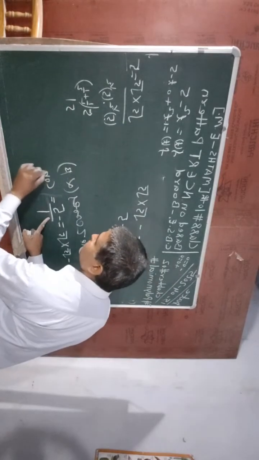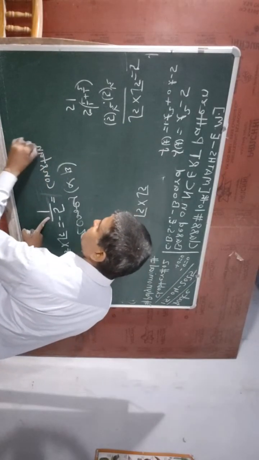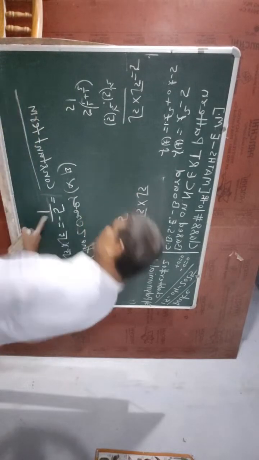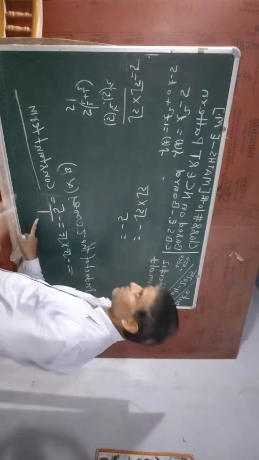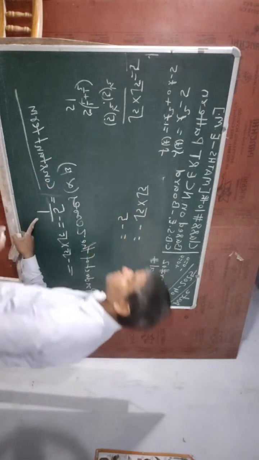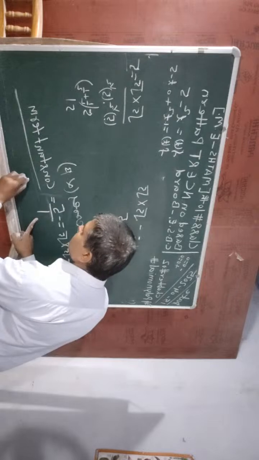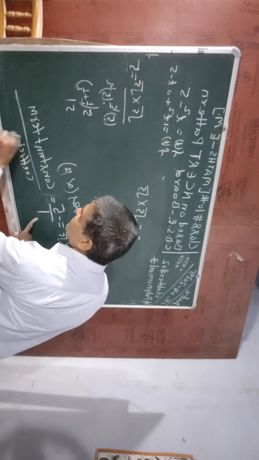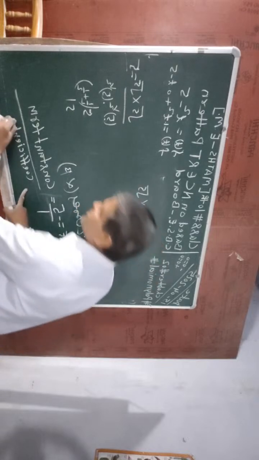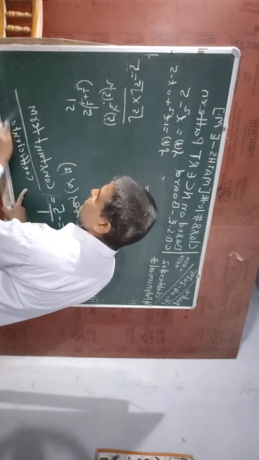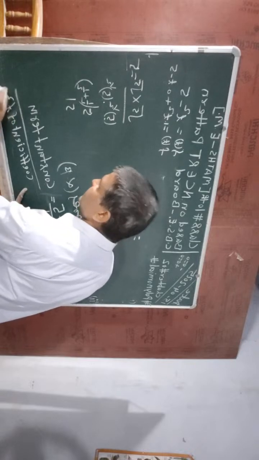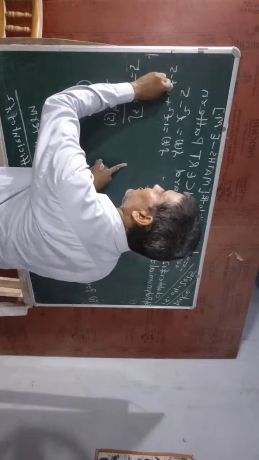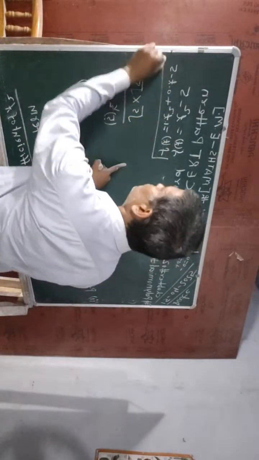Here I will write constant term divided by, in the place of 1, the coefficient of t square. Here I will write the coefficient of t square because this term is arranged, so you also have to arrange like this.